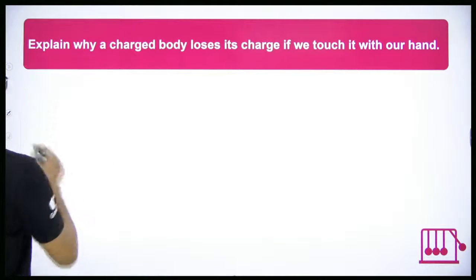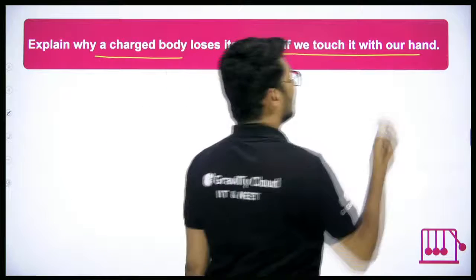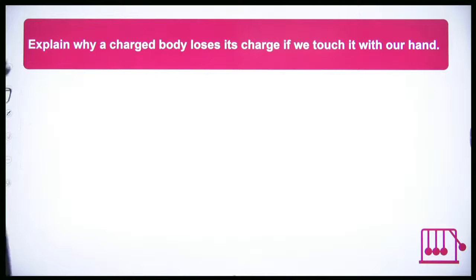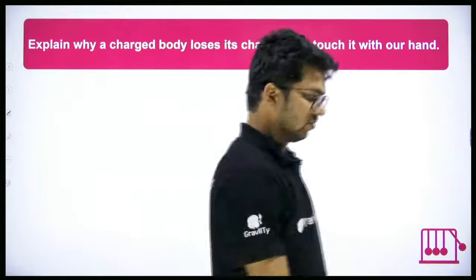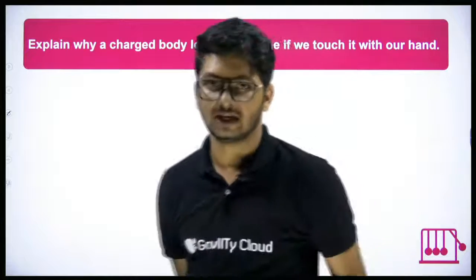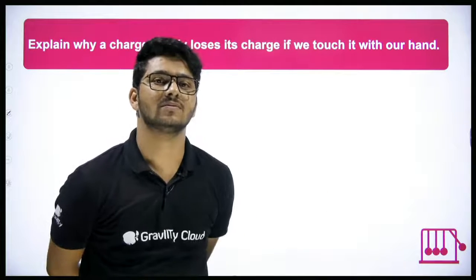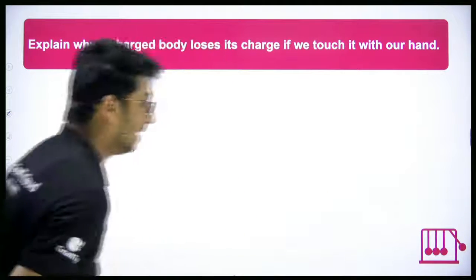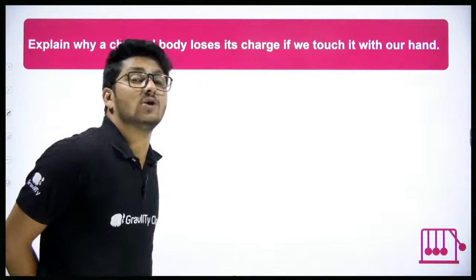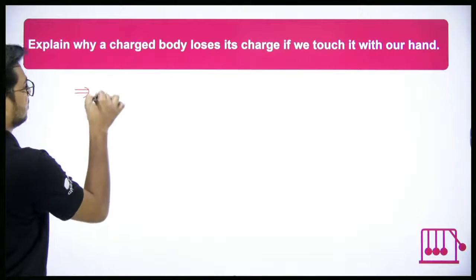Explain why a charged body loses its charge if we touch it with our hand. Why? This happens in the case of an electroscope also. Right? But why does this happen? If a body is charged and when we touch it, why does the charged body lose the charges? And the answer is, everyone, it is again because of earthing. How earthing? Let me explain.